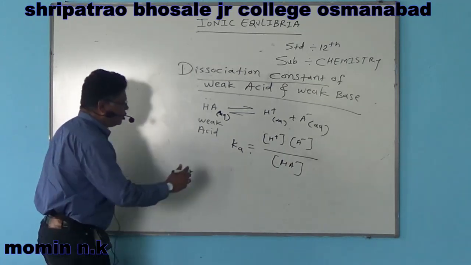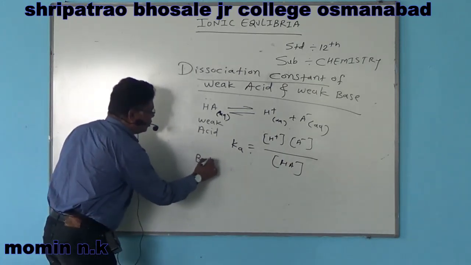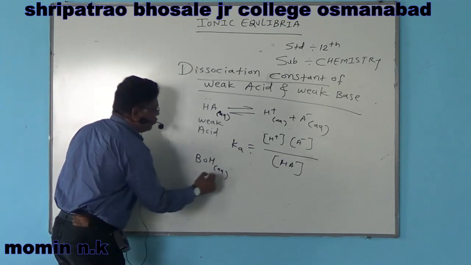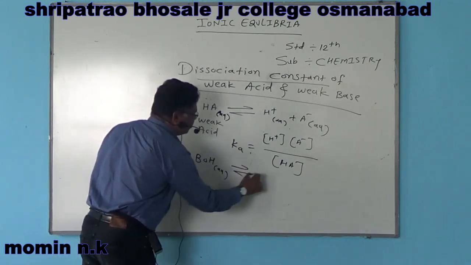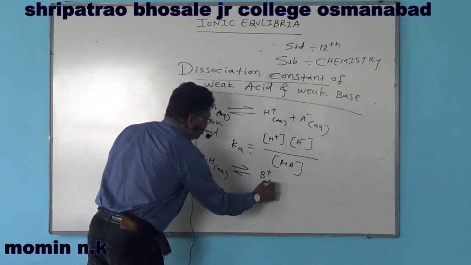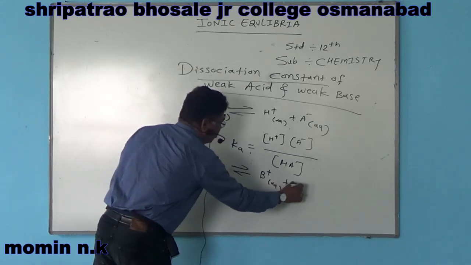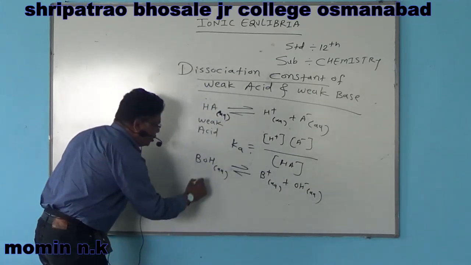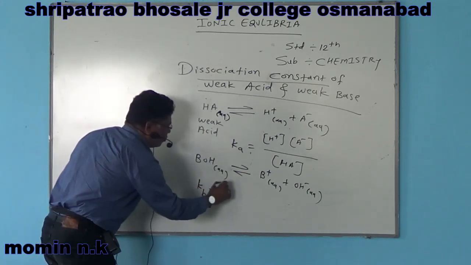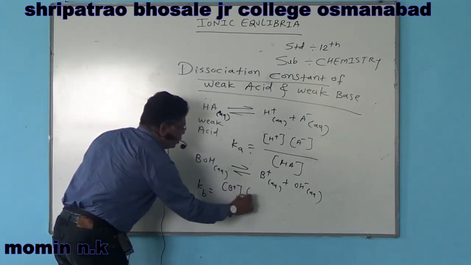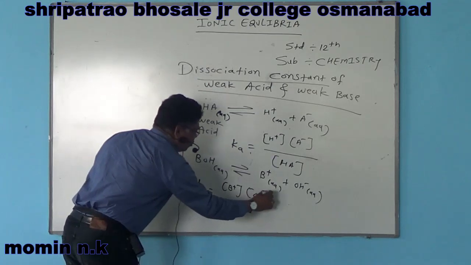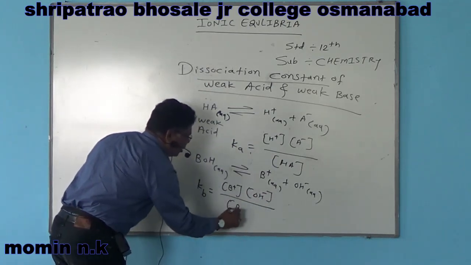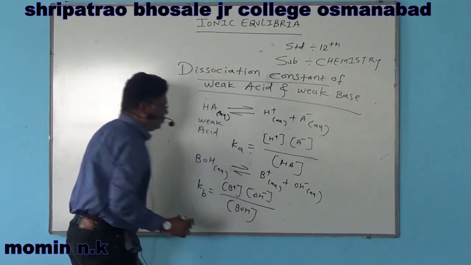Similarly, dissociation of a weak base, BOH aqueous, is given by the equation BOH gives B plus aqueous plus OH minus aqueous. So the dissociation constant of the base, Kb, is equal to the concentration of B plus into the concentration of OH minus divided by the concentration of BOH.